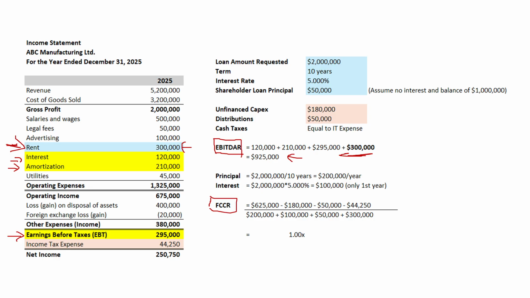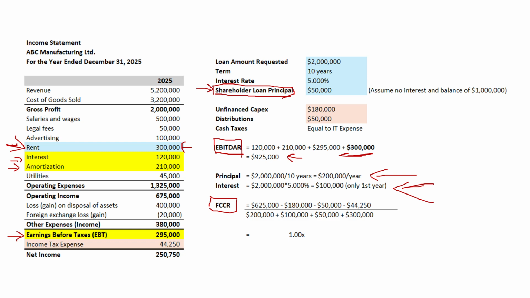Okay, so after that, it's very similar. The principal and interest doesn't change. We have the same exact methodology to calculate it as we just described. But there is one change here. Obviously, you're going to find this information on the cash flow statement or balance sheet, but I'm just going to give it to you here.